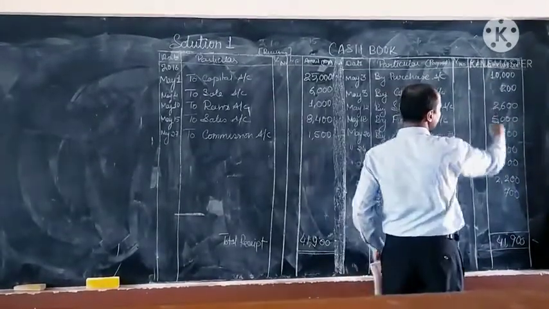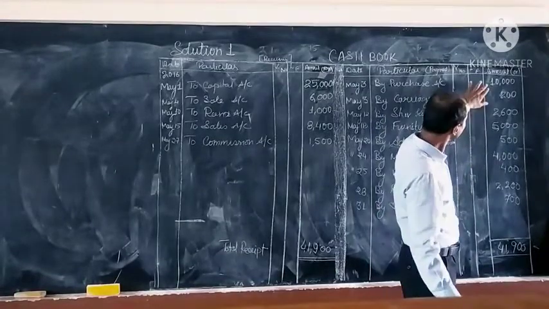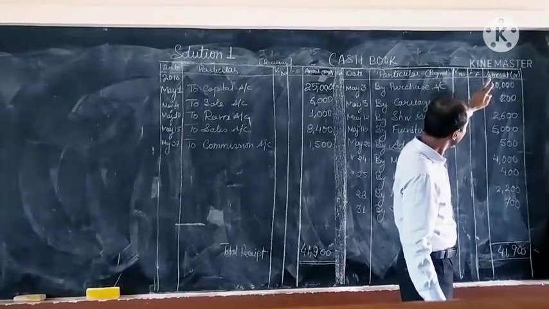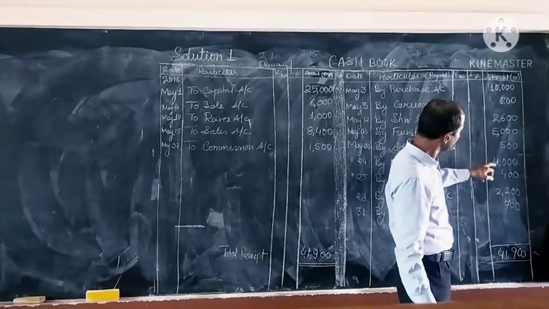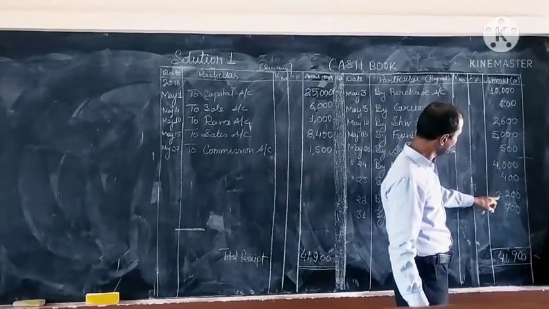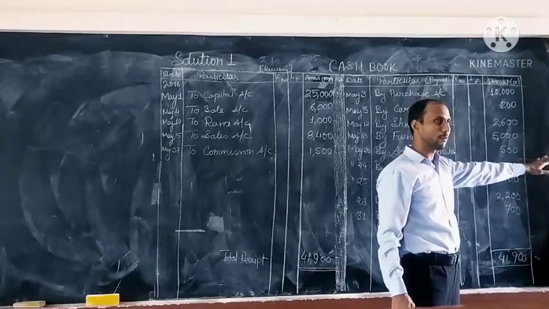Now we will add all this. If we add this, how much will it be? 23,000 is separate.